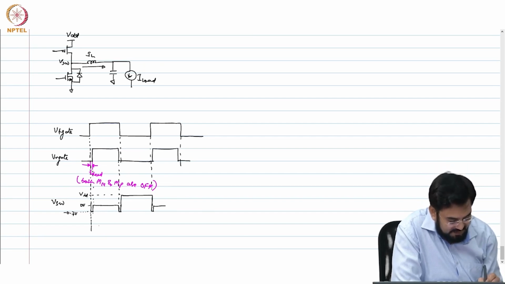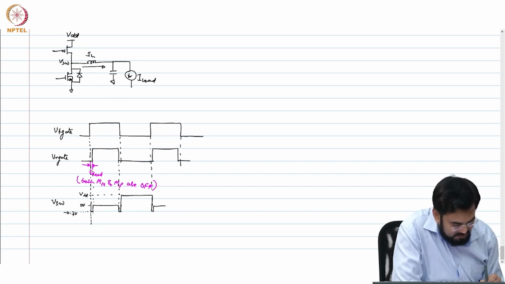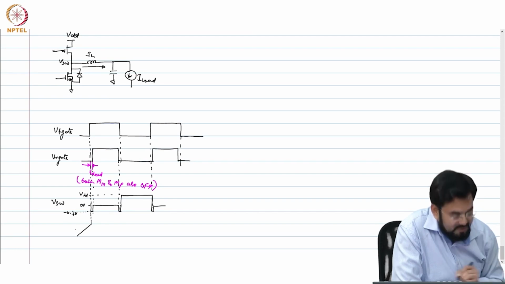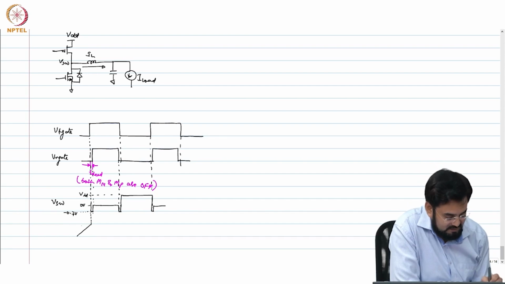So let's say the inductor current was falling during this time. So before this, you assume that that was on. So it will hit the peak here, inductor current. Correct? What will happen here?